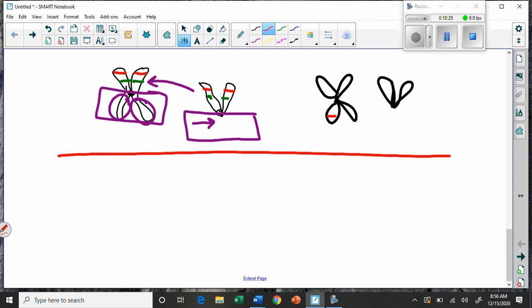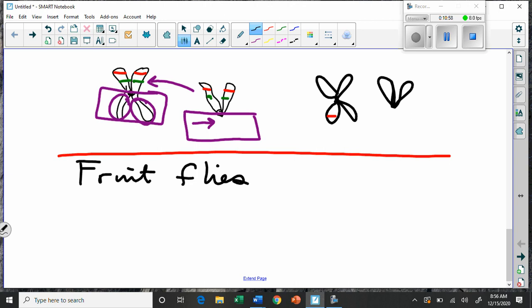So we've noticed, for instance, in fruit flies, we have red eyes and white eyes, along with male and female. So let's look at fruit flies here. Fruit flies are nice to study because they also have an X and a Y chromosome, very similar to the way humans do.